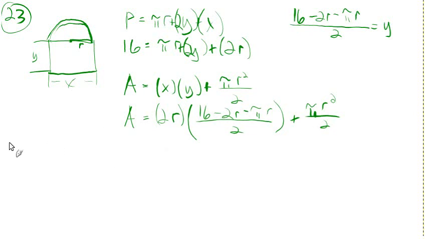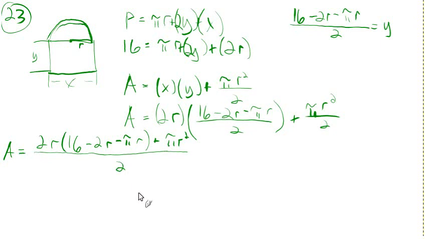So let's simplify this a little bit. 2r times 16 minus 2r minus pi r plus pi r squared all over 2, because these have common denominators. So let's multiply the 2r through here. We have 32r minus 4r squared minus 2 pi r squared plus pi r squared all over 2.